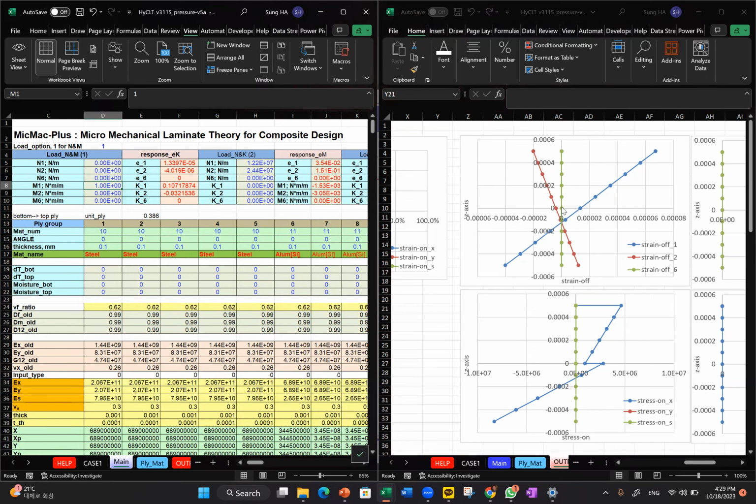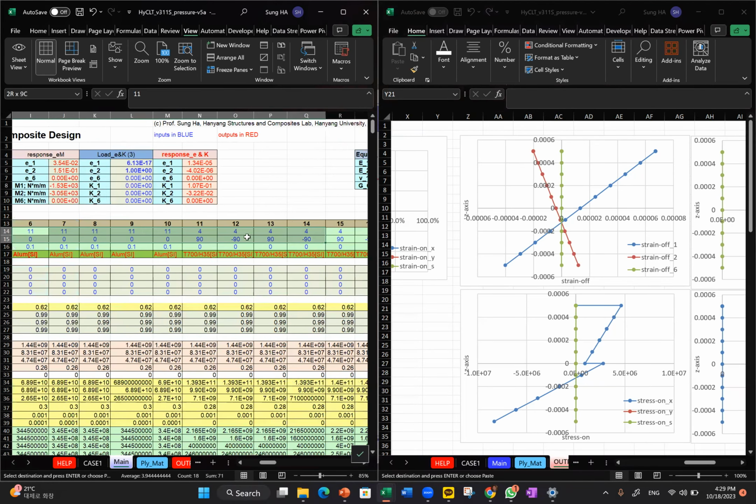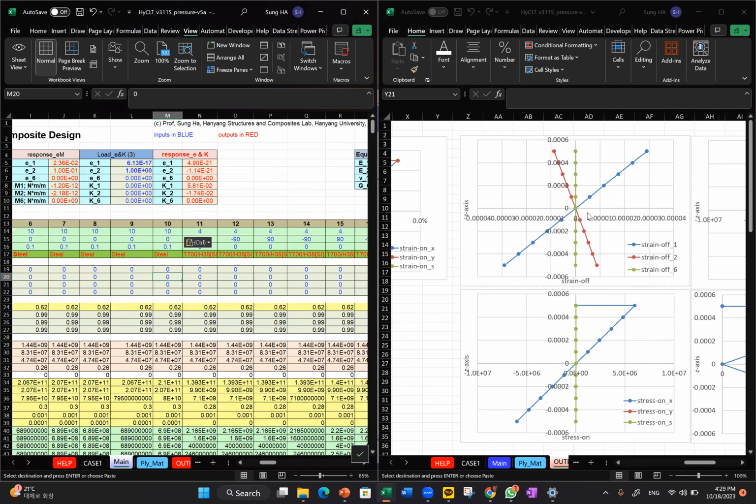There at the zero, there is some strain here. What does it mean? Well, I'd like to remind you that if this is all steel material like this, then as you can see, at the center there will be no strain.